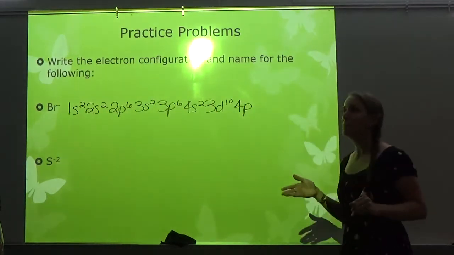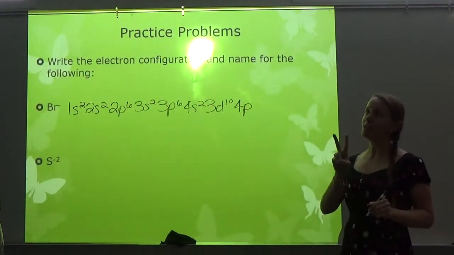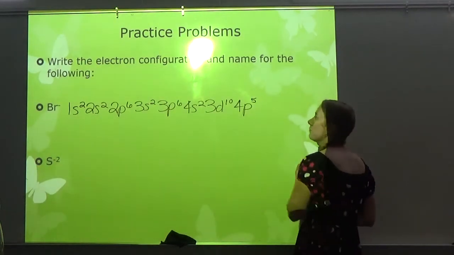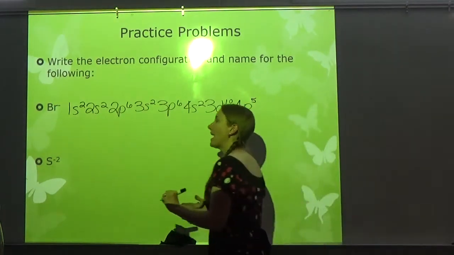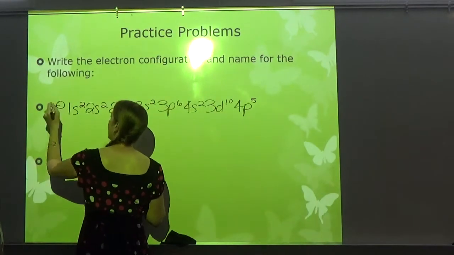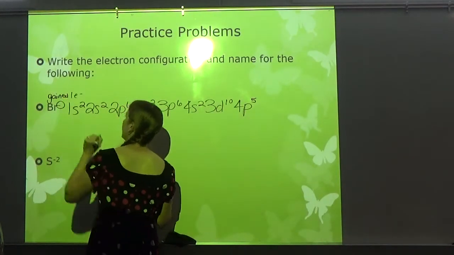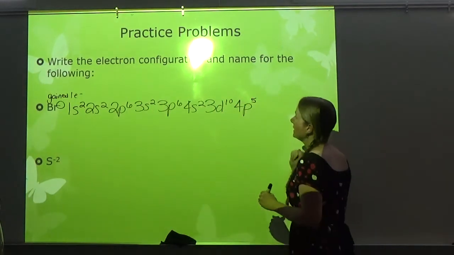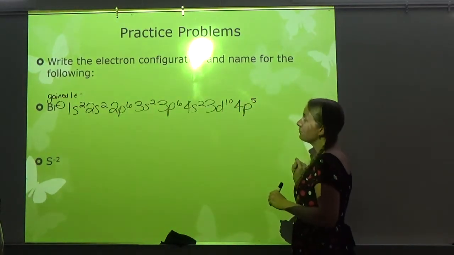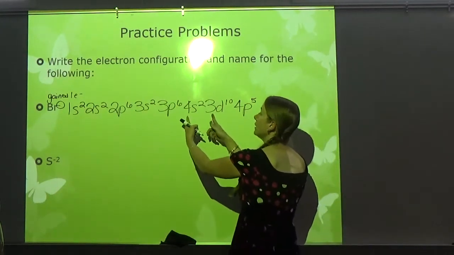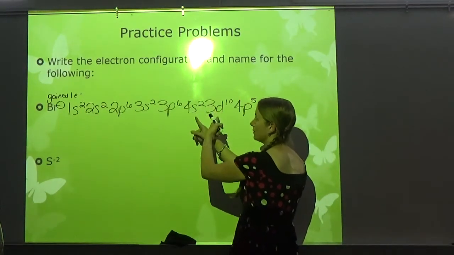I'm going to stop at Br, so I have Ga, Ge, As, Se, Br. So I'm going to end with 4p5. But I have to take into account this charge. It has a -1 charge, so it has gained 1 electron. So instead of ending in 4p5, it needs to end in 4p6. But before I do that, just so we don't forget, here I have gotten to the point where I need to rearrange.